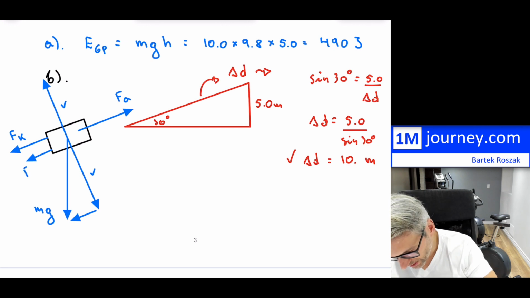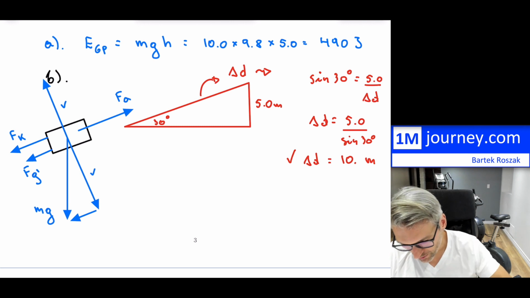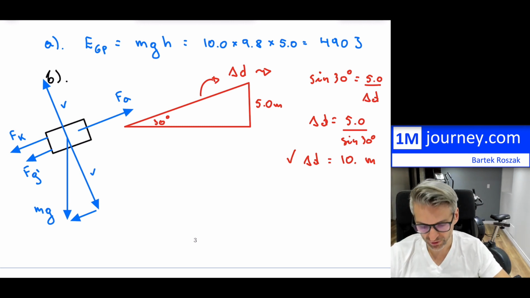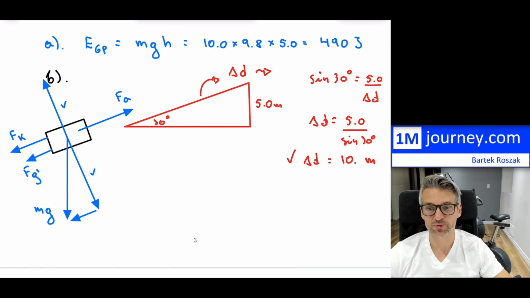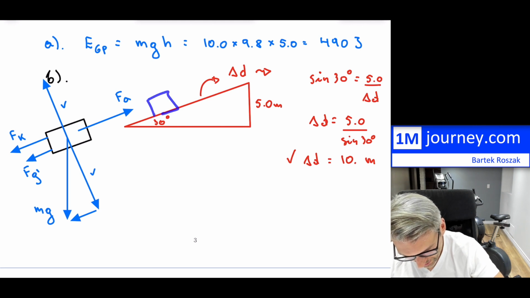Now I'm going to call this force of gravity, and I'm going to put a little prime here because it's the component of it. Now, here you're going to have to remember a little bit of things with angles. So don't forget what you have right in here. I'm going to try to draw this out right here. If the box was right on top of here, notice that this angle is 30.